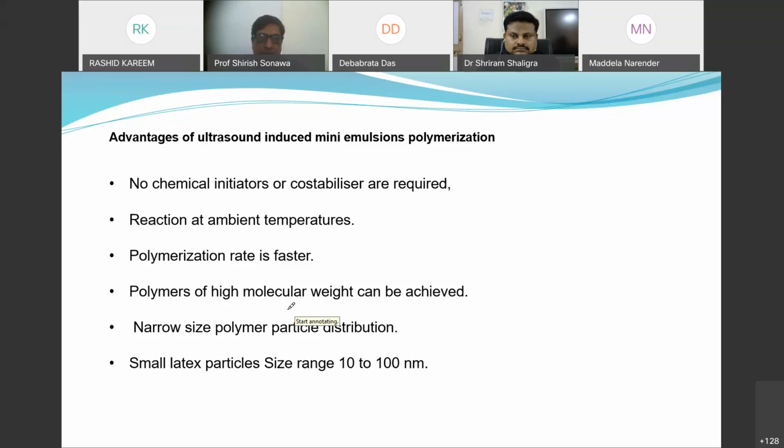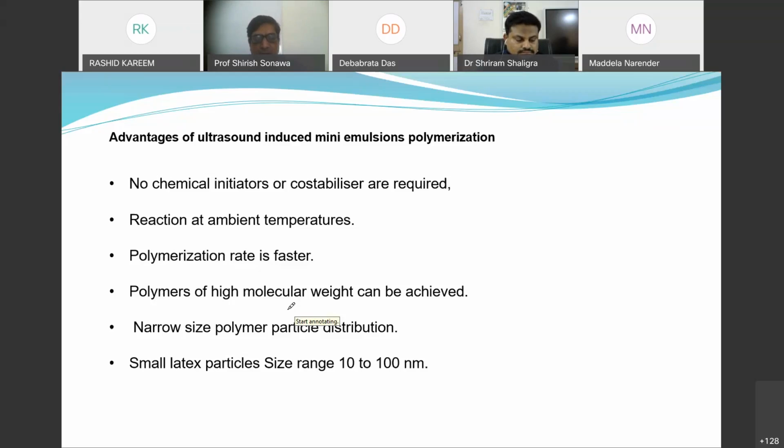The radicals generated during cavitation make the oligomer, which is then utilized. In the next slide, I will show you a figure of how the ultrasound polymerization happens.